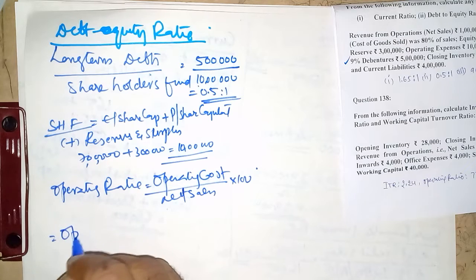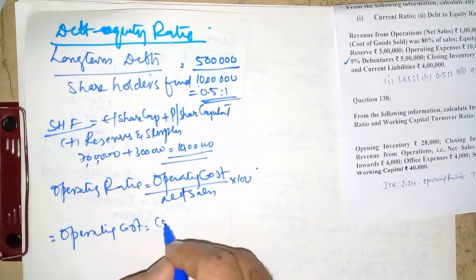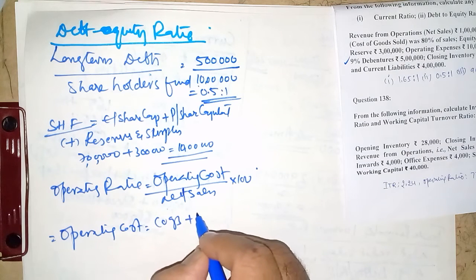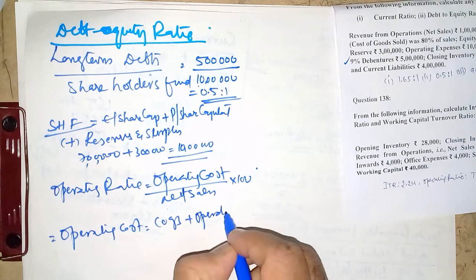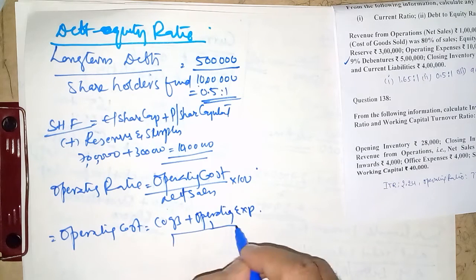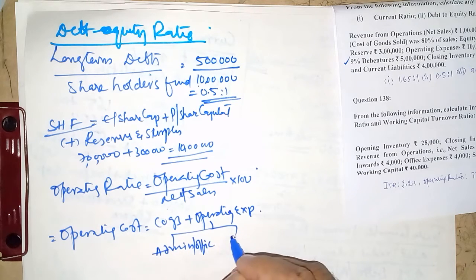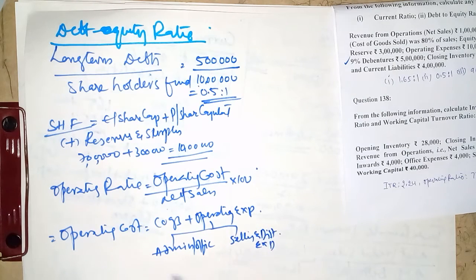Formula of operating cost is equal to COGS plus operating expenses. Under this operating expenses, admin and office, selling and distribution expenses will come.